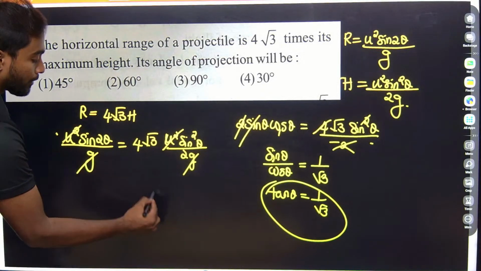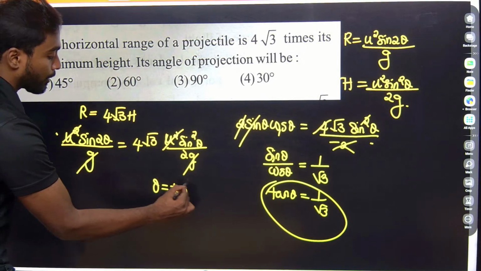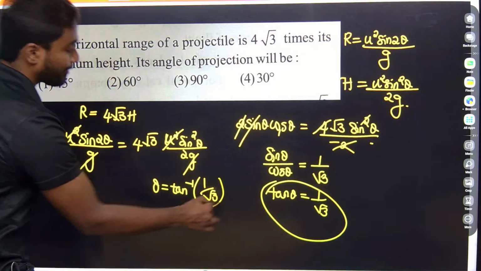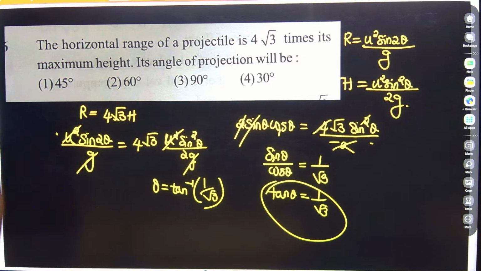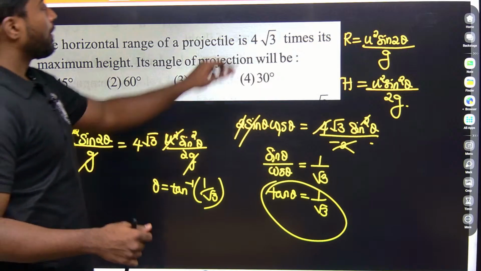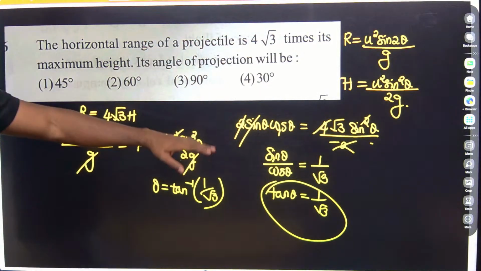So theta will be equals to tan inverse of 1 by root 3. It is 30 degree. That's it. Okay, let us go for the next question. Okay, it's clear, right?